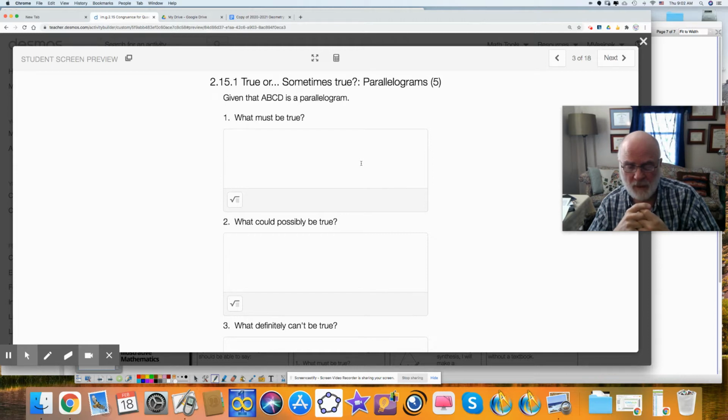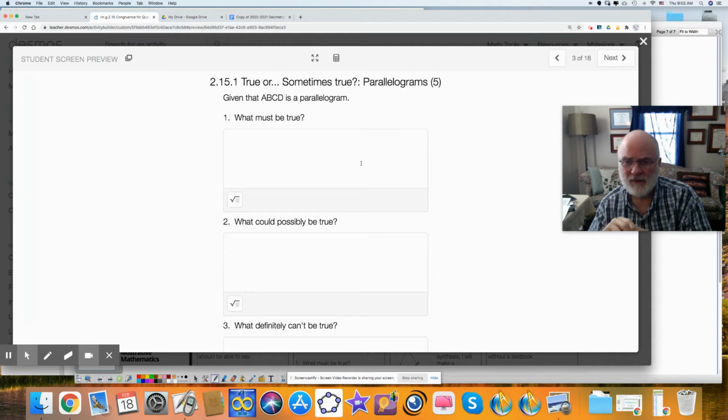And what definitely cannot be true? Well, we have the three families in the quadrilaterals. We have the trapezium, the trapezoid, and the parallelogram. If it's a member of the trapezoid family, so if only one pair of opposite sides is parallel, it would not be a parallelogram. If only one angle was a right angle, or only two angles were right angles, it would not be a parallelogram.